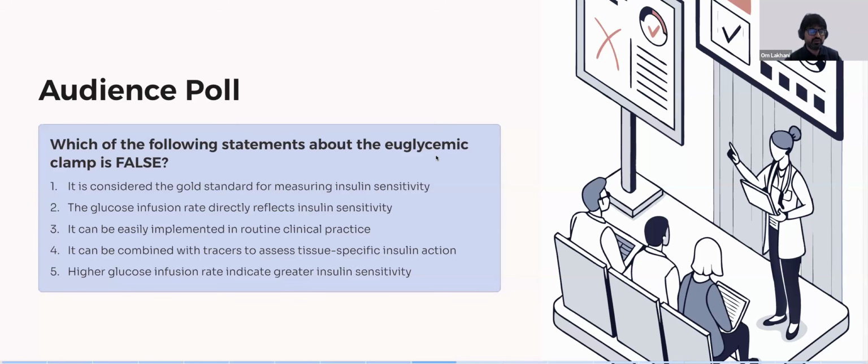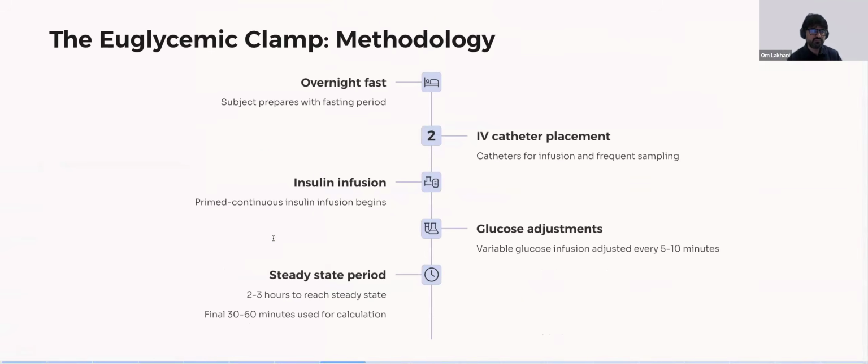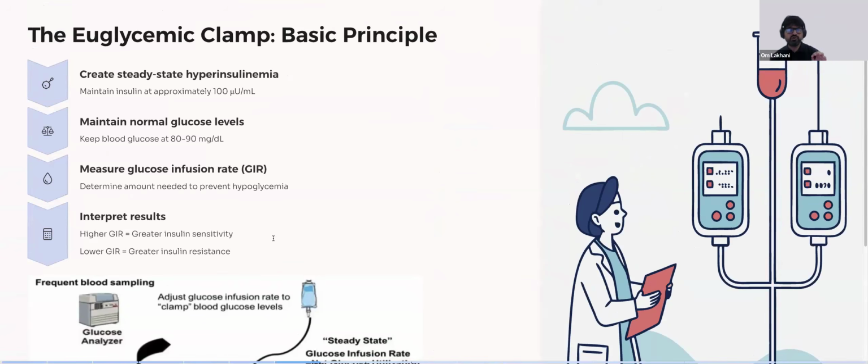So let's get back to this point here. Once again, remember you have a cell. The glucose entering the cell is dependent on insulin resistance. So if you have more insulin resistance, a lesser amount of glucose will enter the cell.